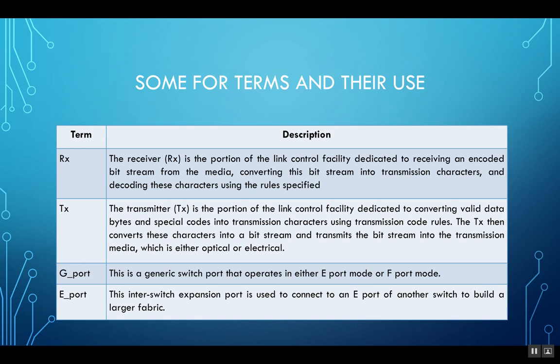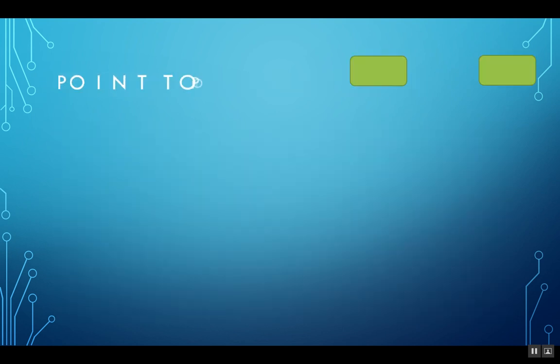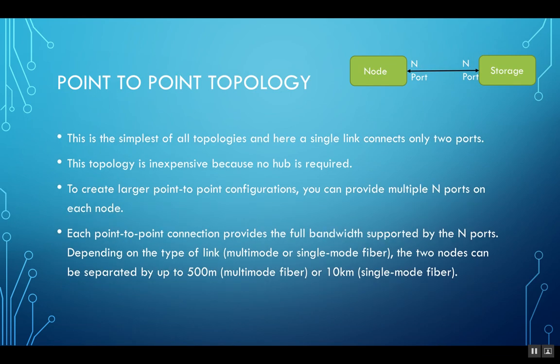Moving to our next slide, we'll be explaining all the topologies in detail, starting with the point-to-point topology, which is the most basic and the simplest of all topologies. Here, a single link connects only two ports. This topology is inexpensive because there is no requirement of any hub or switch. To create a larger point-to-point configuration, you can provide multiple endpoints on every node.